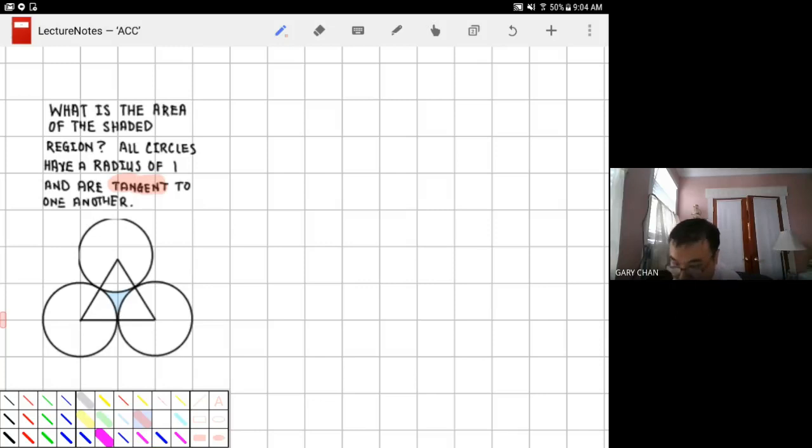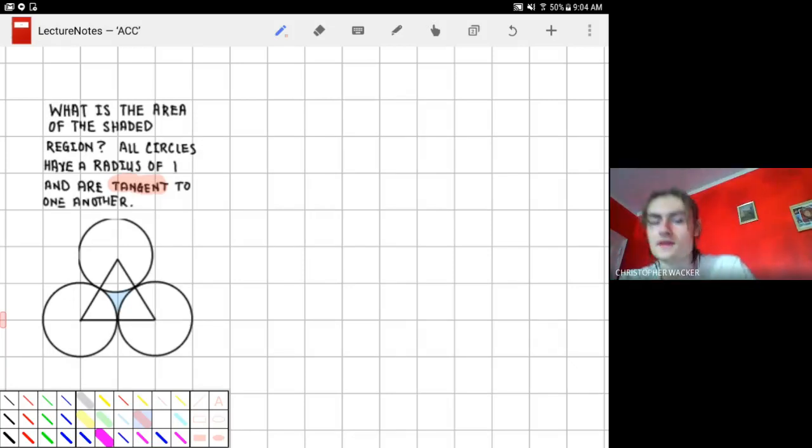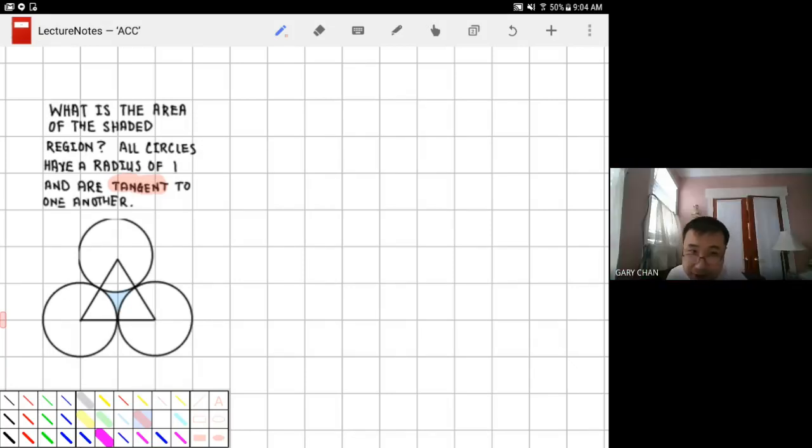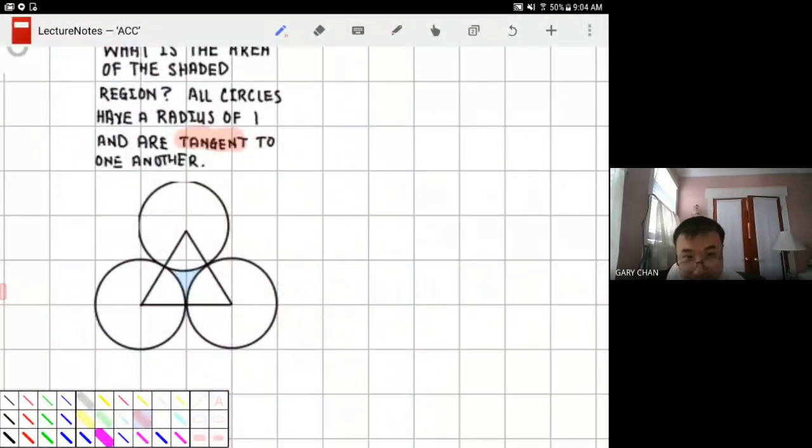Do you know what that means? Based on the way that the diagram is drawn, what do you think it means?